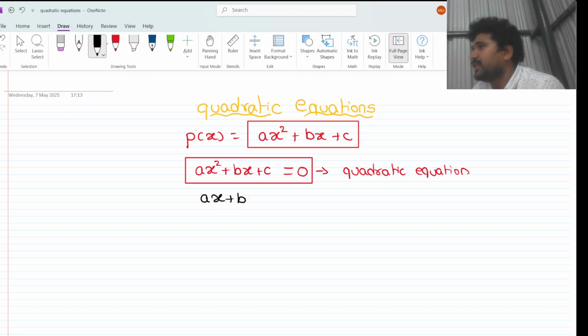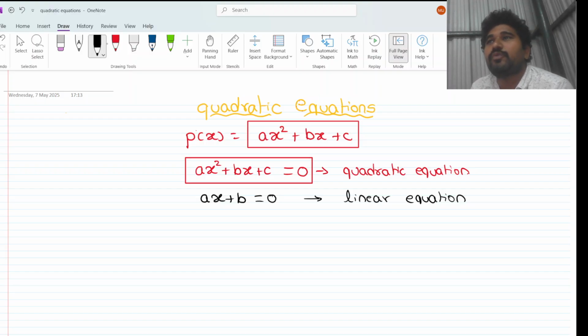Correct? Then the linear equation is ax plus b equal to 0. Is that clear for everybody?